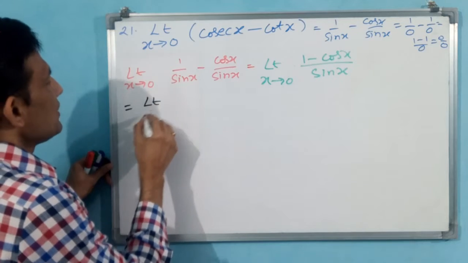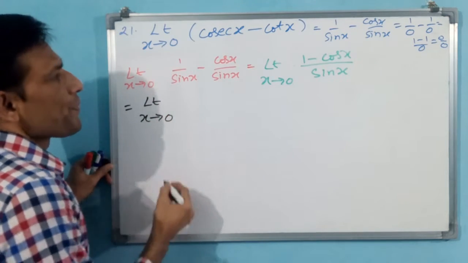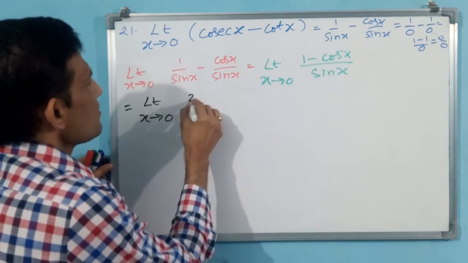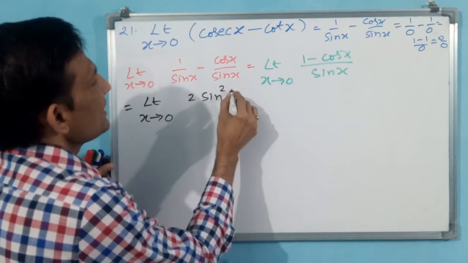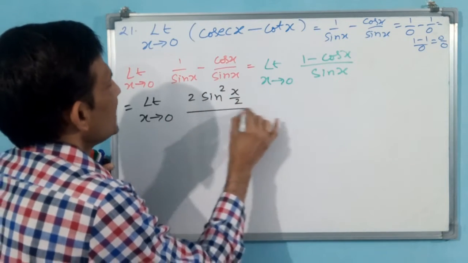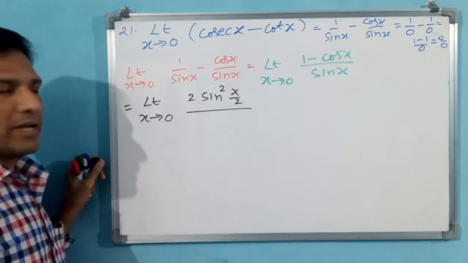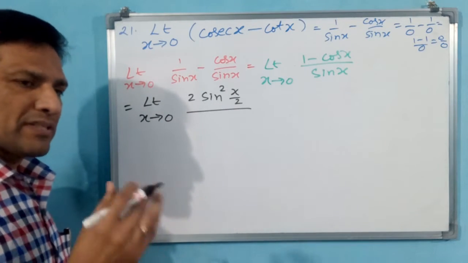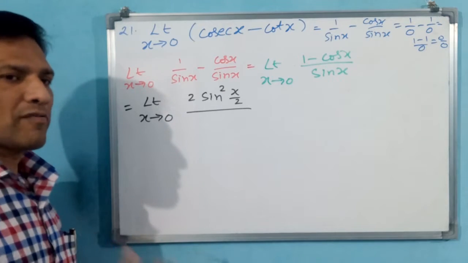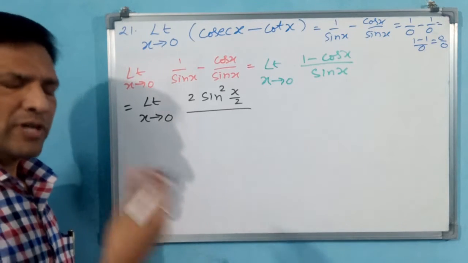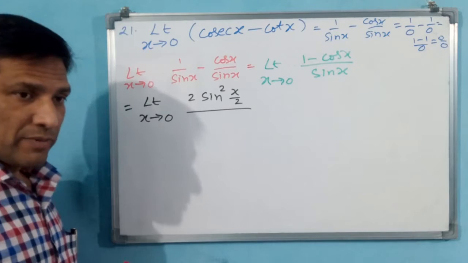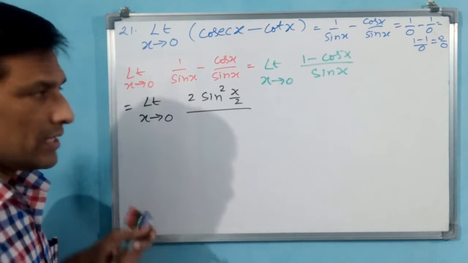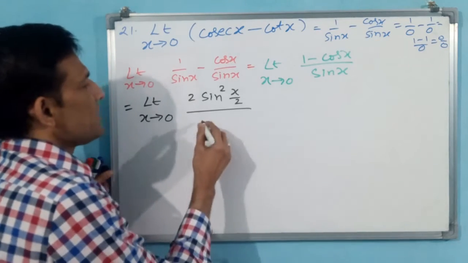See what I am writing. F is equal to limit x tends to 0, 1 minus cos x, 2 sin square x by 2. When 1 minus cos 2x or 1 plus cos 2x comes, automatically you have to convert into 2 sin square x by 2 or 2 cos square x by 2. Now sin will be there here.